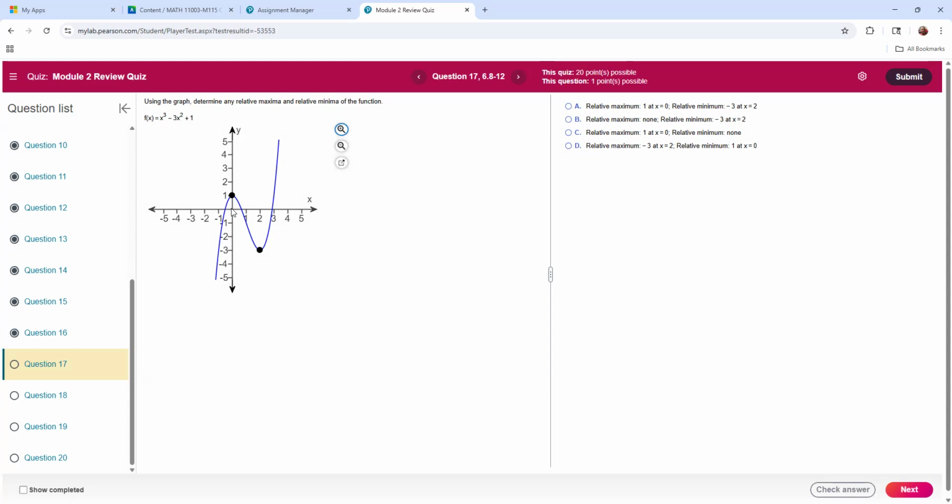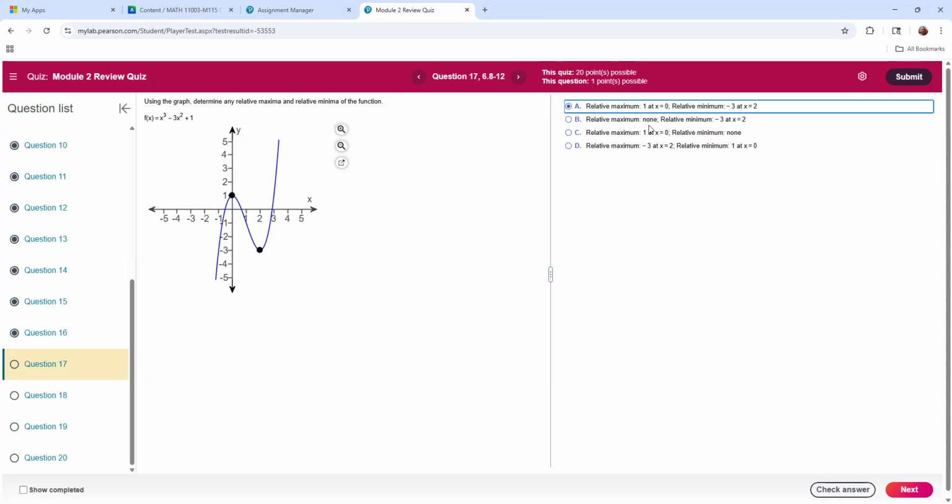So which one says that? Only one that's got that is A, right? A has a maximum of 1 at x equals 0. So then that means the minimum must be -3 at x equals 2. Well, if I go over here where x equals 2 and go down, that dot is at -3 on the y value. So y'all, this has got to be A.